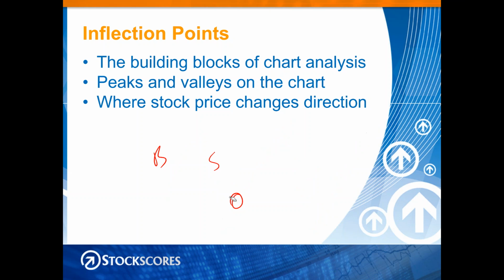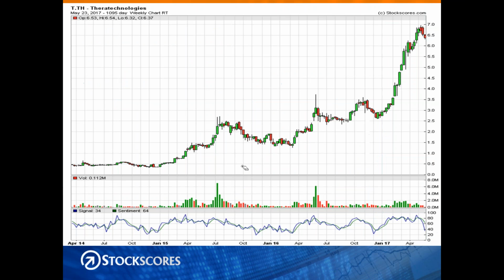So if you can see peaks and valleys on a chart, you can see inflection points. Looking at this chart, ponder that on your own for a moment and look for peaks and valleys. Peak here, and another one here, and another one there. Little one there, one there, one there. Those are the pointy tops on this chart.